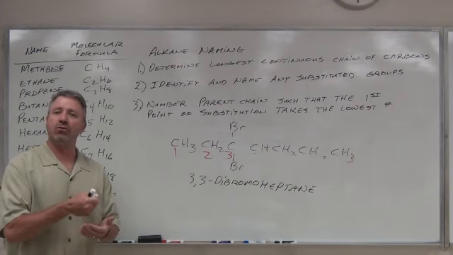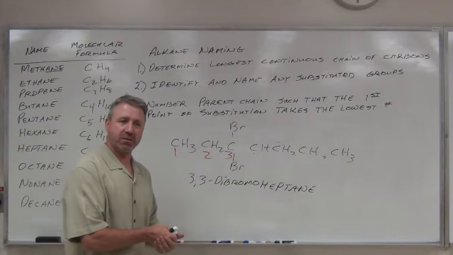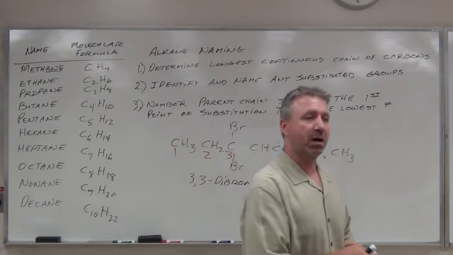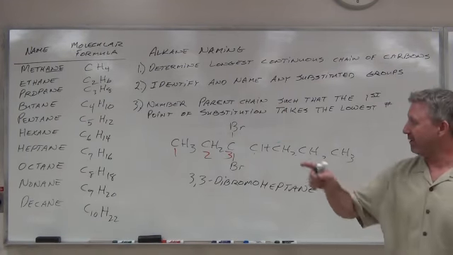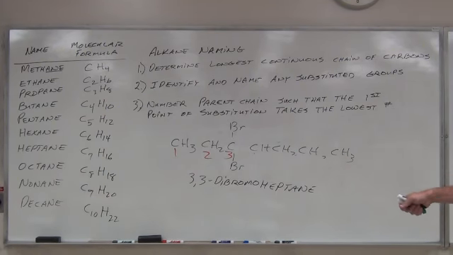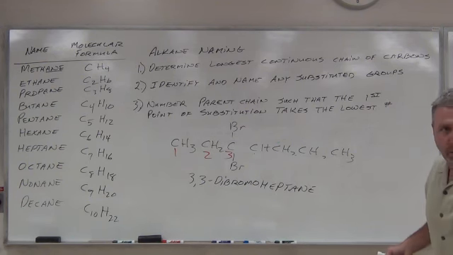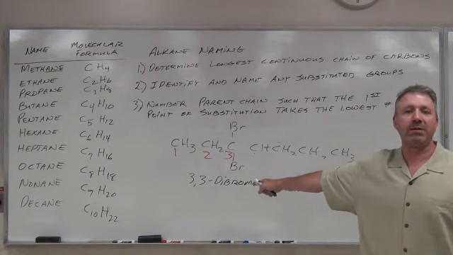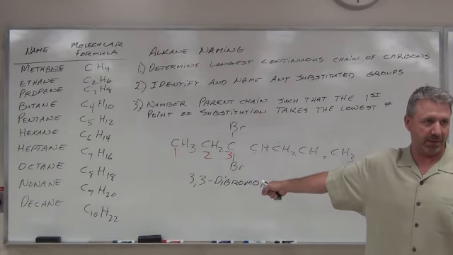IUPAC says you will locate substituted groups using the carbon that they're attached to, even if it's the same group on the same carbon. You don't say 3-dibromo. If you say dibromo, that means you have 2 bromines, you better have 2 numbers there, even if it's the same carbon.